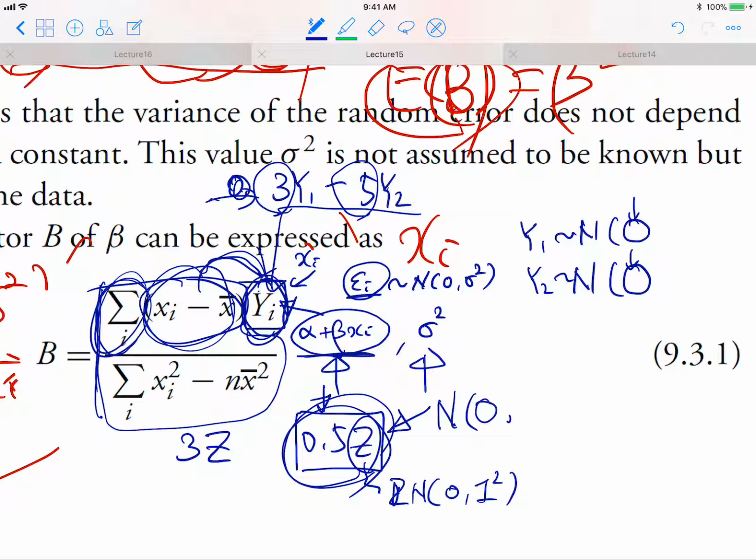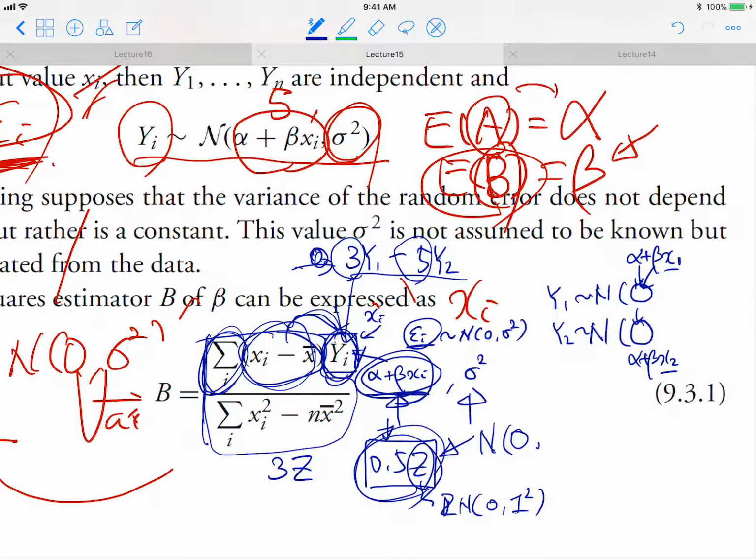Different. Their means will be different because this one will have the mean alpha plus beta x1 and alpha plus beta x2, and x1 and x2 will in general be different values, right? And so the mean will be different.